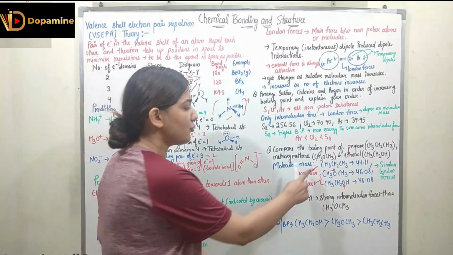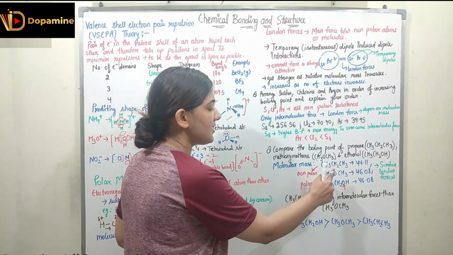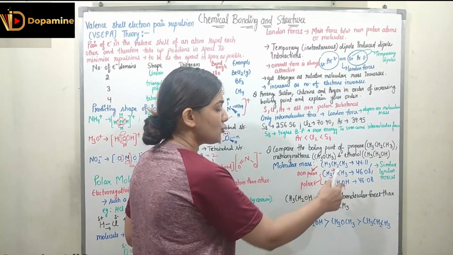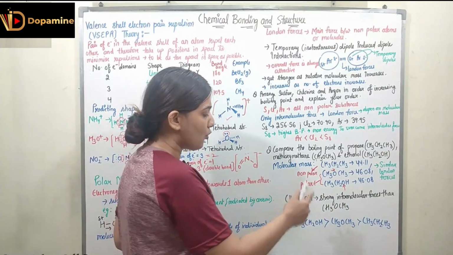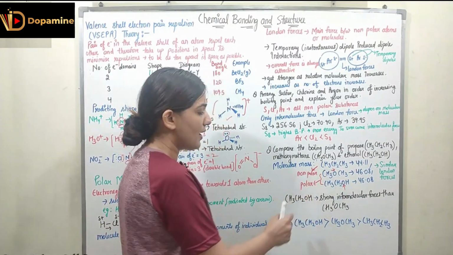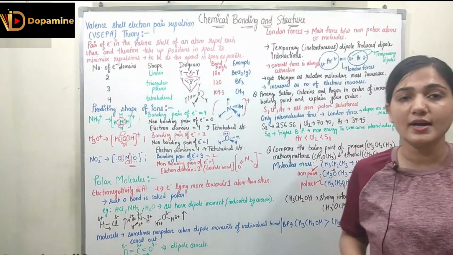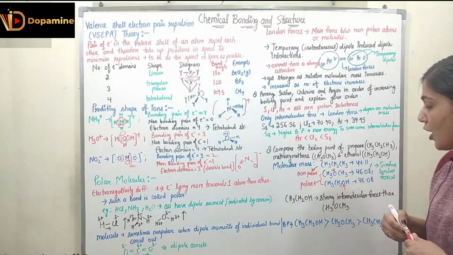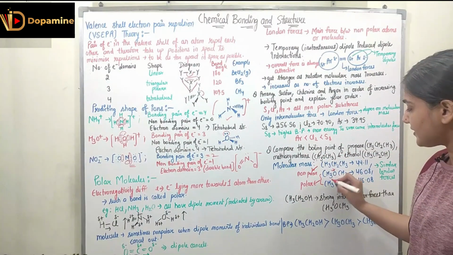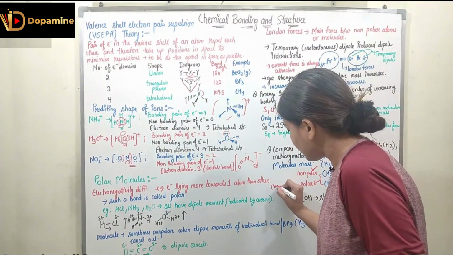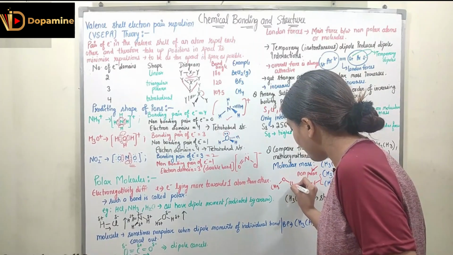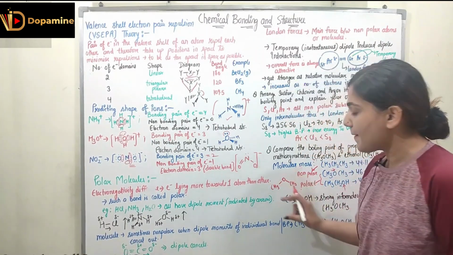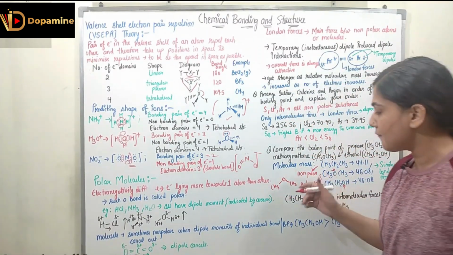Other than that, we now have to compare the polar substances CH3OCH3 and CH3CH2OH. When I see both of them, CH3CH2OH will have stronger intermolecular forces, because if I see this structure, CH3 is connected to both sides of the oxygen. So the dipole moment here would be somewhat reduced.